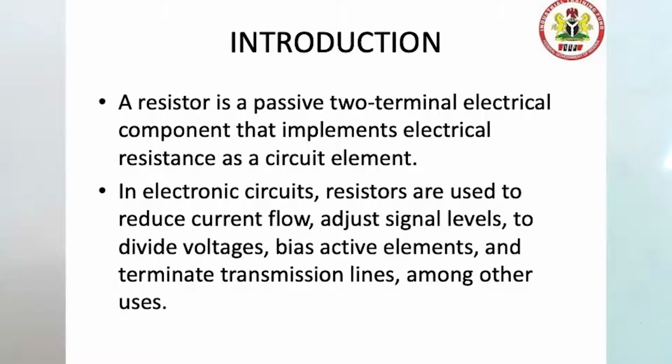A resistor, like we have earlier said, is a passive component in any electronic circuit and is a two-terminal electrical component that implements electrical resistance as a circuit element. In electronic circuits, resistors are used to reduce the current flow, to adjust signal levels, to divide voltages, bias active elements such as transistors, and terminate transmission lines, among other uses.